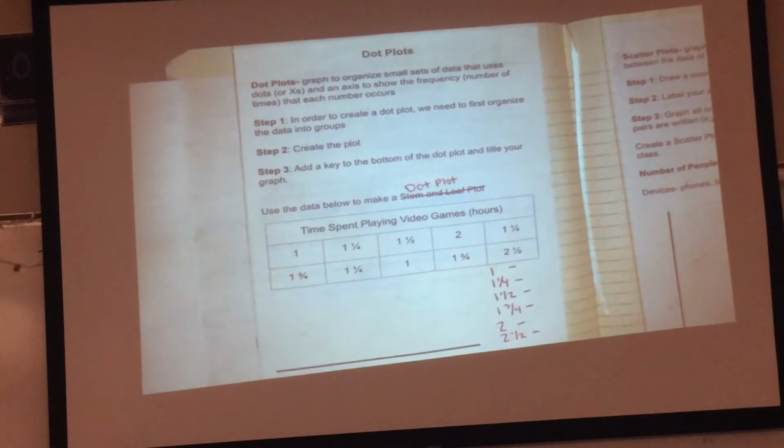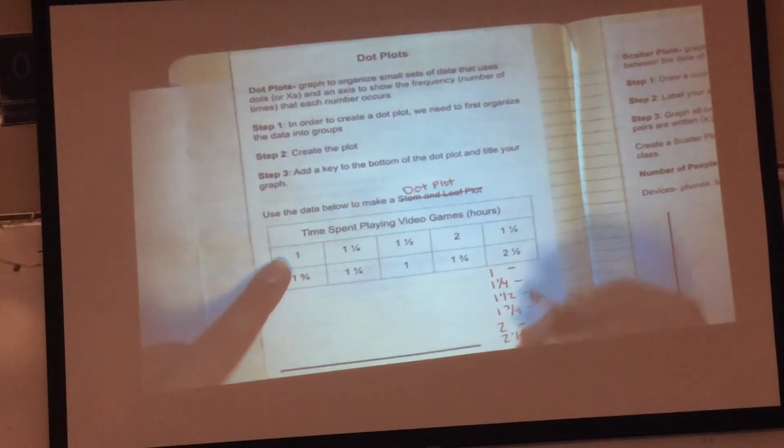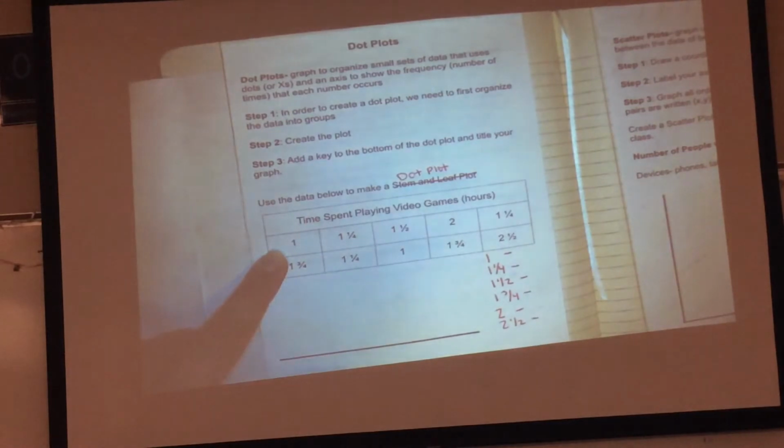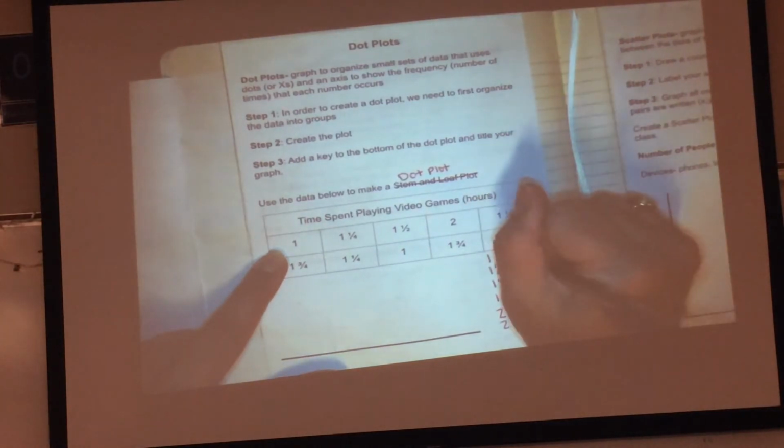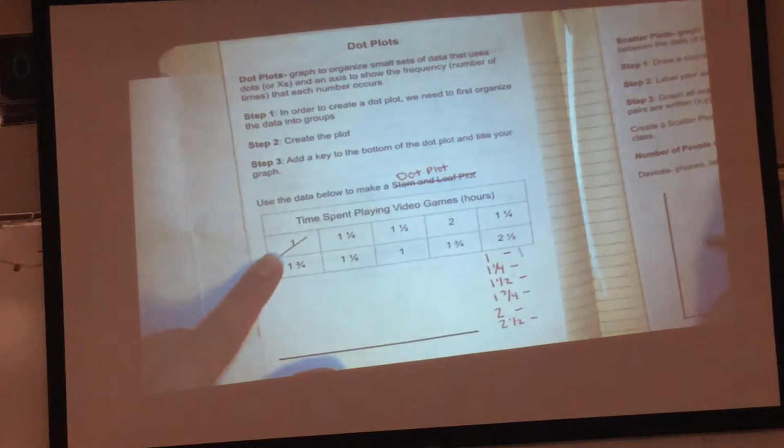And then I'm going to go through there and put a tally mark for each time these hours occur. So I have a 1, so I'm going to put a tally next to 1.